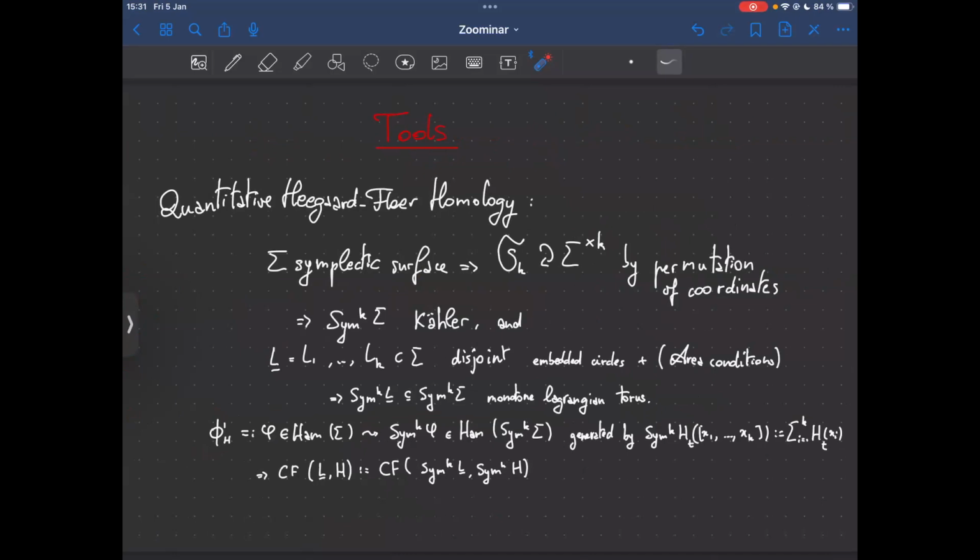So the construction and the context is the following. We take a symplectic surface sigma, and we consider its kth Cartesian product. S_k here is the group of permutations of k letters, and it acts on the Cartesian product by permutation of coordinates. So we may consider the quotient.